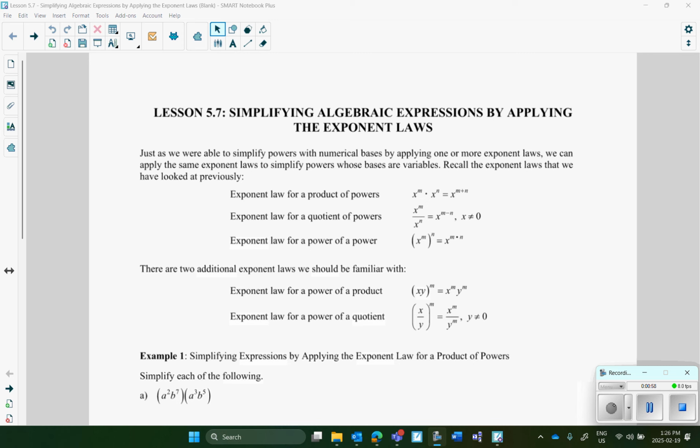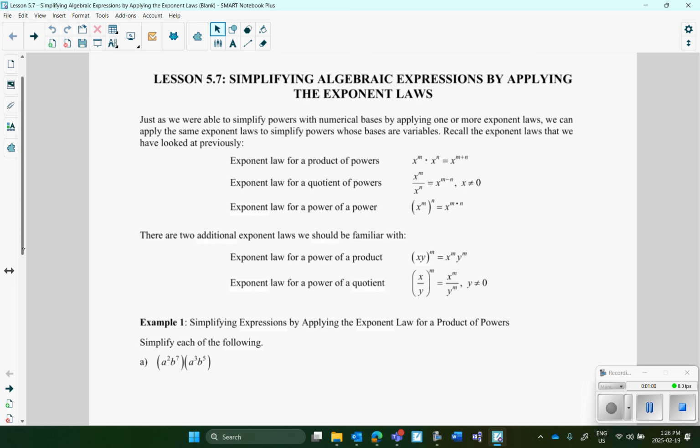So it's going to be things like this. This would be x to the 5. Add the exponents. This would be a to the 9th divide a to the 5th.